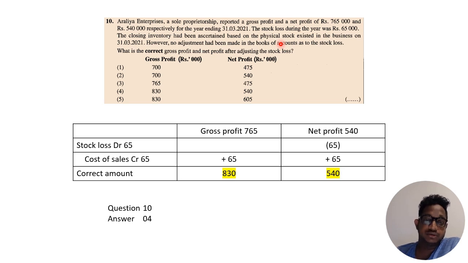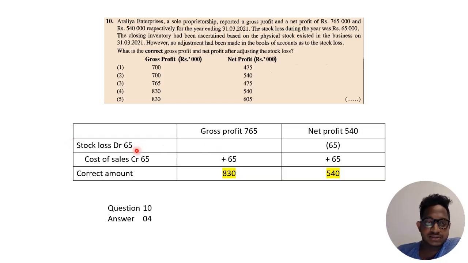So the error they made here is they didn't record the stock loss. The double entry of stock loss is stock loss expense debit and cost of sales credit. In this case, any transaction affecting the gross profit similarly affects the net profit, because you are calculating the net profit after gross profit, right?